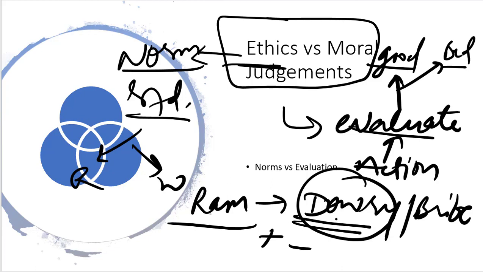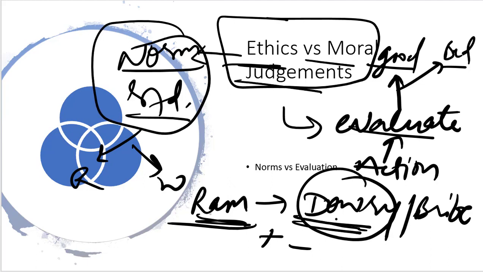But when you study the norms, or for example in this case when Ram studies the parameters to label something, in this case dowry, as right or wrong, it means he is talking about ethics. So ethics is related to the norms or standards, and moral judgments are about evaluations of your action.